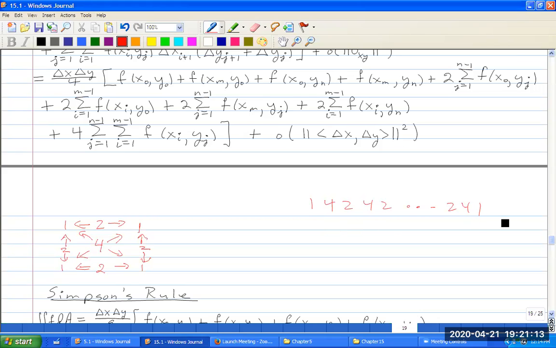That's the one-dimensional case. Now, rather than having these two endpoints with a value of 1, we have 4 corners.